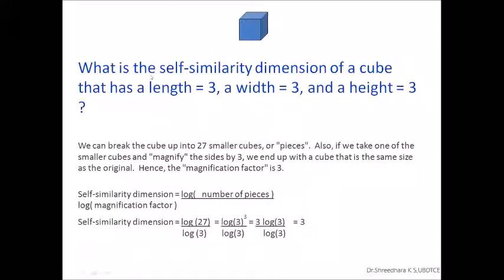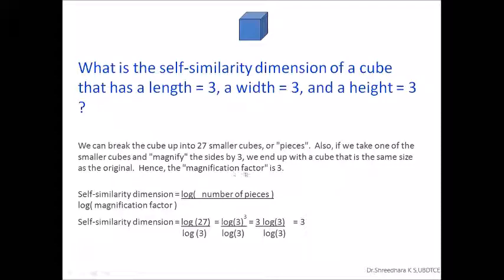If you observe a cube, what is the self-similarity dimension of a cube? It has a length of 3, width of 3, and height also 3. So we can break the cube into 27 smaller cubes or pieces. Also, if we take one of the smaller cubes and magnify the sides by 3, we end up with a cube that is the same size as the original.